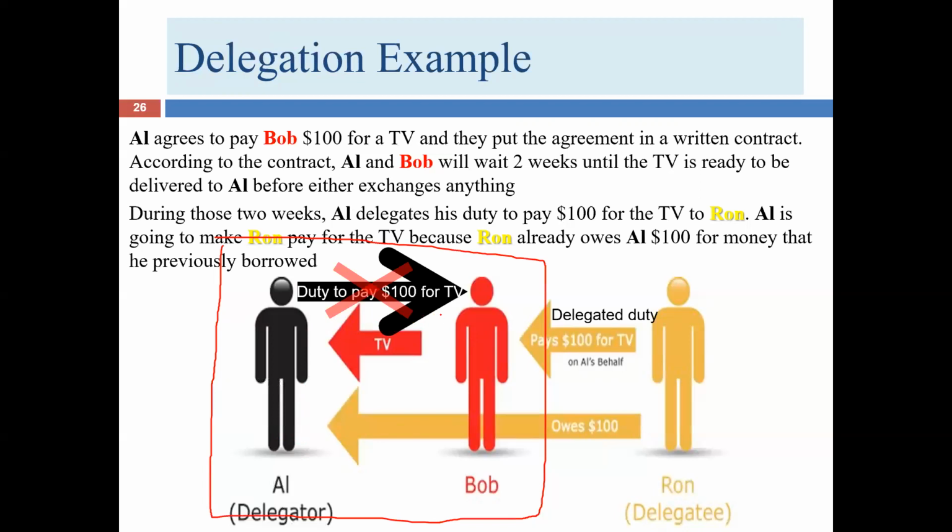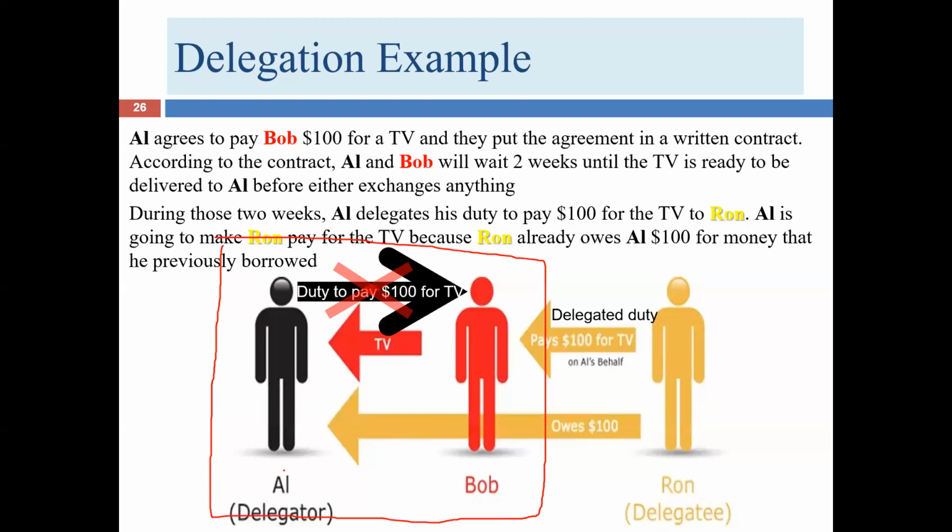Al starts saying, I could pay Bob myself, but why don't I just have Ron do it? Ron owes me $100. So Al calls up Ron and says, hey Ron, you've been owing me that $100 for a while. It's time for you to pay up. You're going to pay Bob the $100 that I'm going to owe Bob when he delivers the TV, and that's going to satisfy your debt to me.